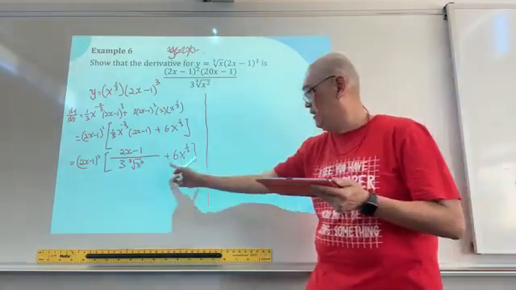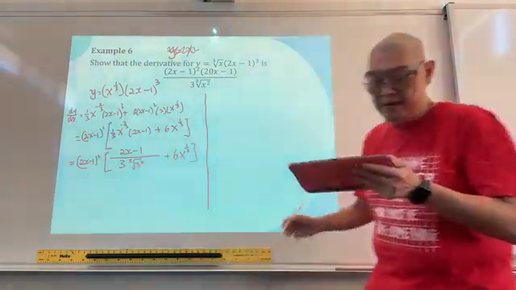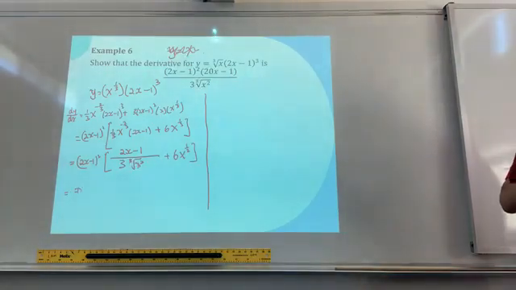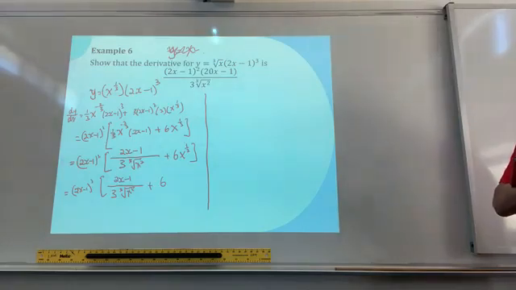Now, next bit, bring everything to the common denominator, which is 2x minus 1 squared. Common denominator, 3 times cube root of x squared, 2x minus 1. Now this time, 6. Let's do x to the power of 1/3. And I've got 3 cube root of x squared, which is x to the power of 2/3 times 3.